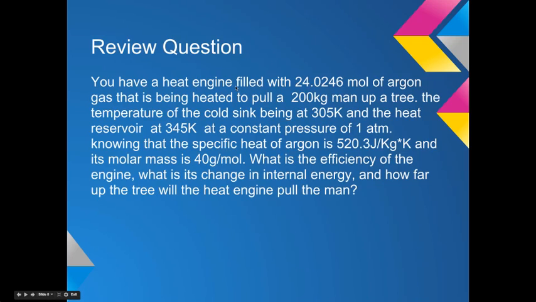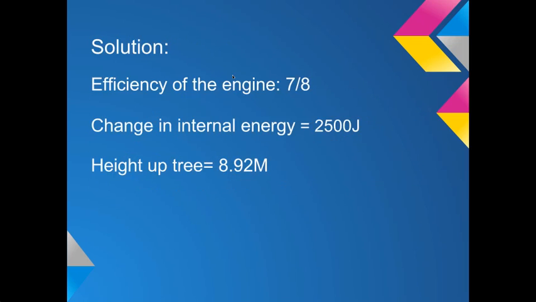Knowing that the specific heat of argon is 520.3 joules per kilogram degree Kelvin, and its molar mass is 40 grams per mole, what is the efficiency of the engine, what is the change in internal energy, and how far up the tree will the heat engine pull the man? Alright, and once you've finished answering that question, here are the answers.